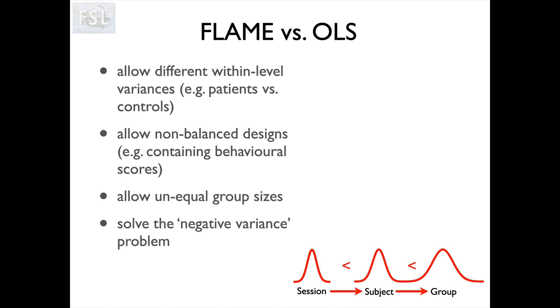You'll get valid results. And there's also a thing called the negative variance problem. We talked about mixed effects and the fact that you've got a couple of sources of variance. OLS simply tries to estimate the combined variance. But it's possible that that estimate of the combined variance, which is just an estimate, might actually be less than the first level variance.